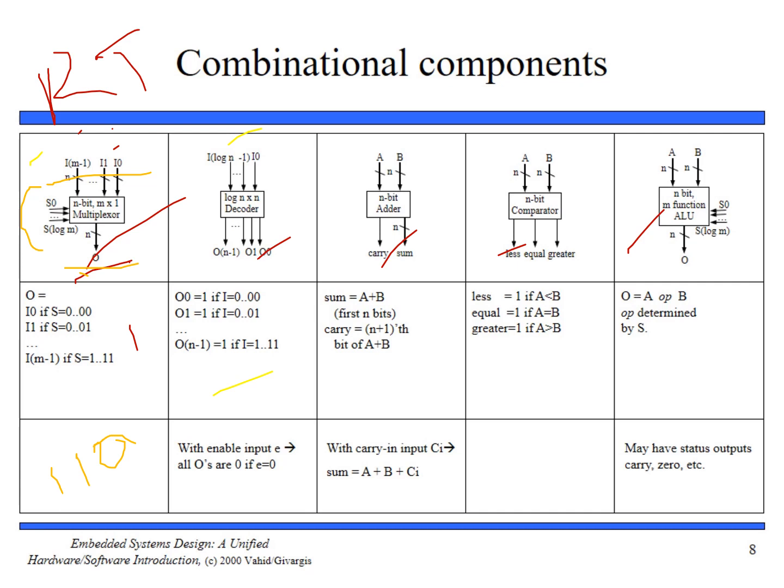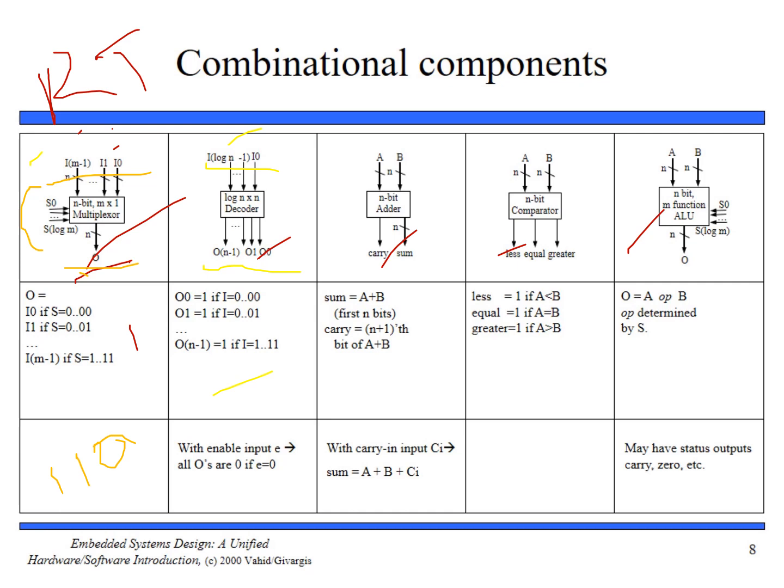So we can see these are n outputs and these are inputs. Only one output can be active, and the rest of these will be 0. Thus, if there are n outputs, there must be log to the base 2 of n inputs. We can call this a log to the base 2 of n into n decoder. Clear?